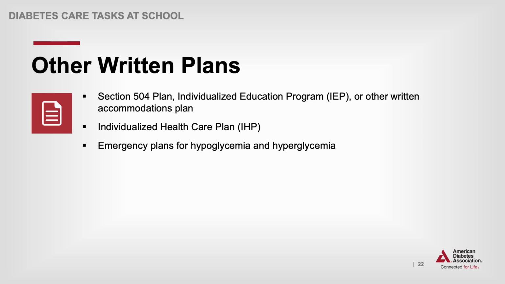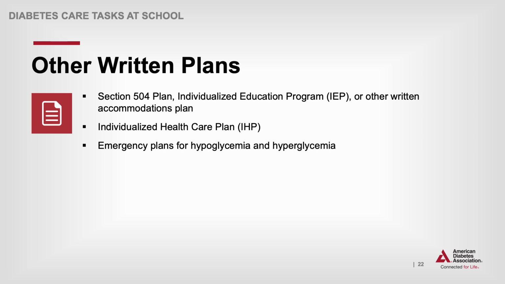The 504 plan, IEP, or other written accommodations plan should address accommodations needed for both routine and non-routine school activities and settings, even for relatively infrequent events like standardized testing or overnight field trips.